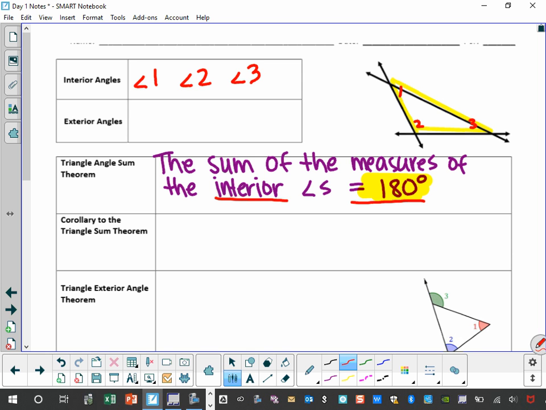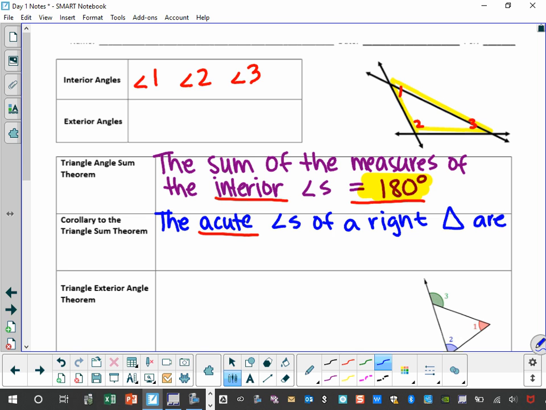All right, the corollary to the triangle sum theorem. The acute angles of a right triangle are complementary.